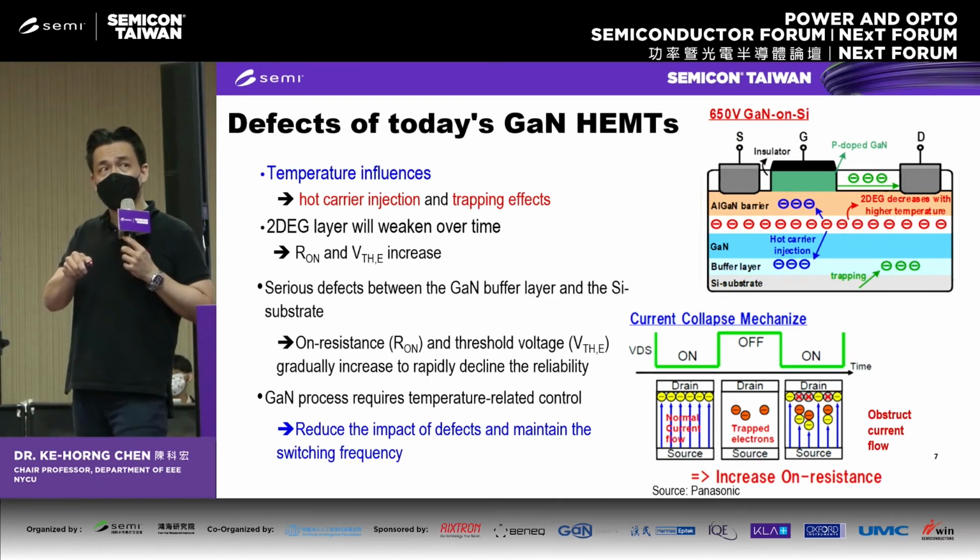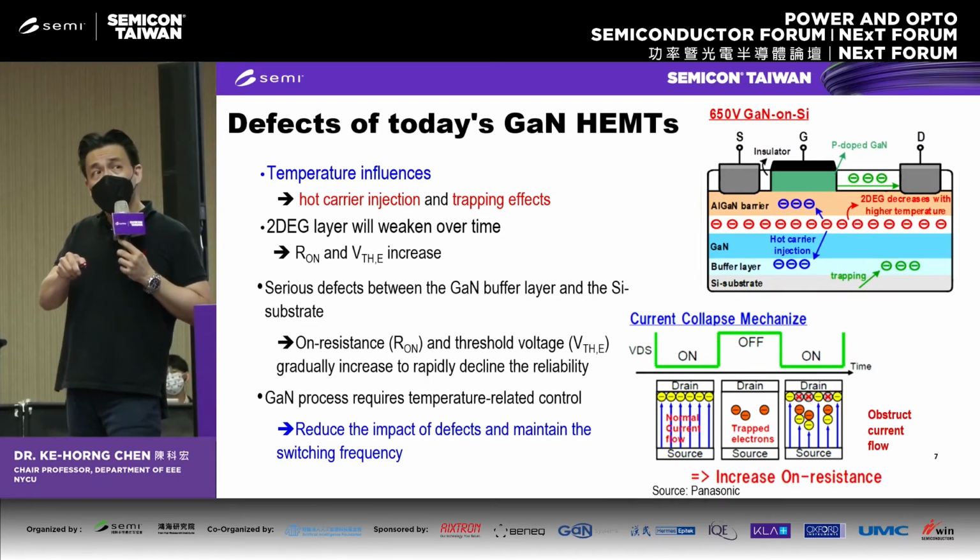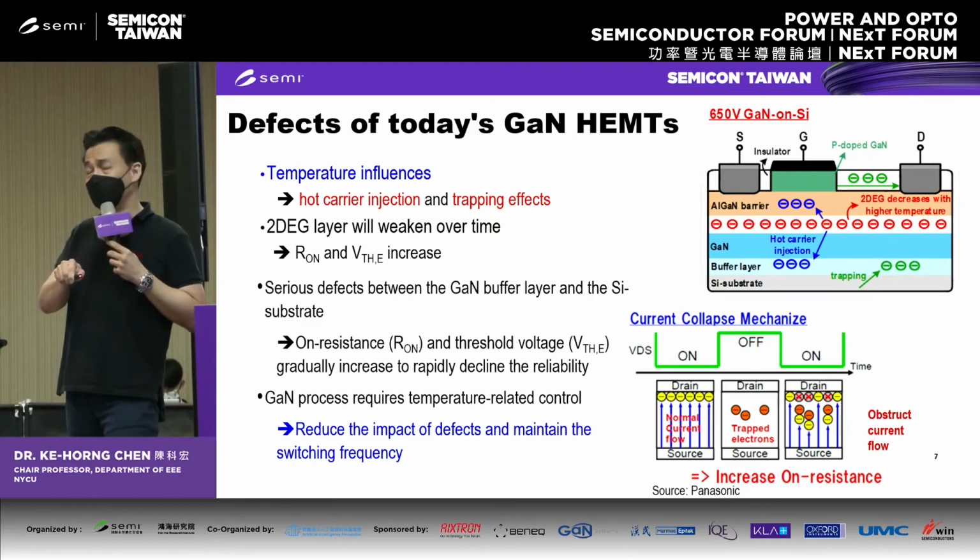In other words, it will degrade the performance of the 2DEG. On the other hand, if the pulse switch operates at a higher switching frequency, similarly, the electrons will be trapped at the buffer layer. In other words, it will obstruct current flow.